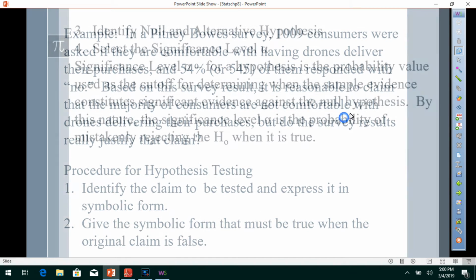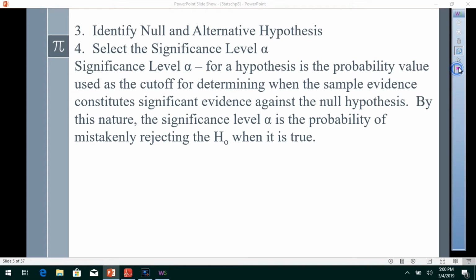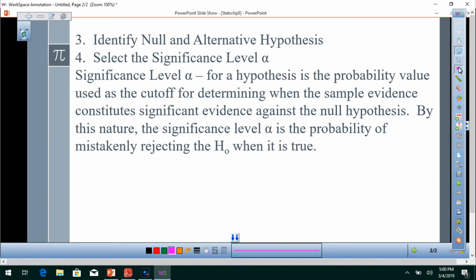And 3, identify the null and alternate hypothesis. Well, the alternate hypothesis, H sub 1, is going to be P is greater than 0.5.